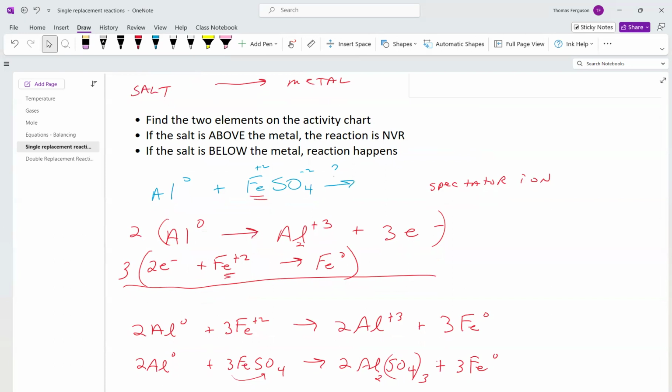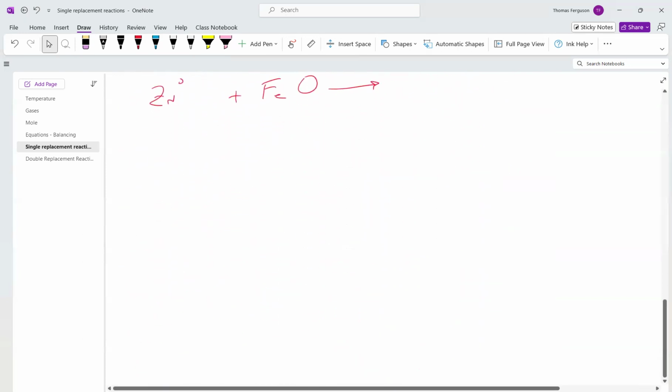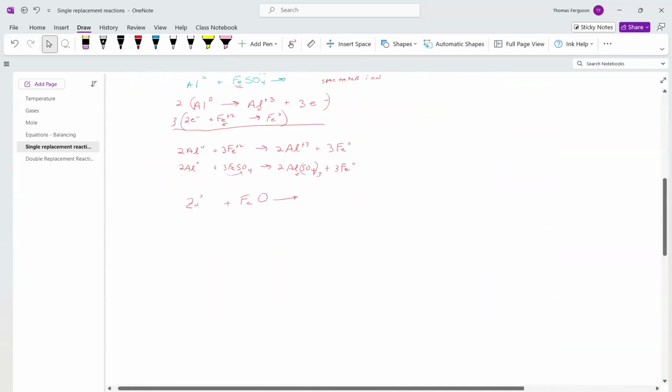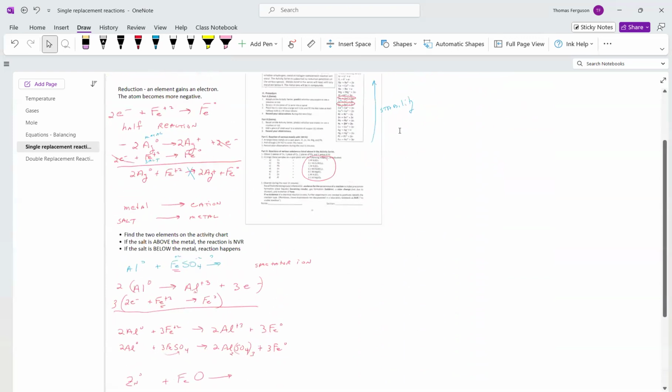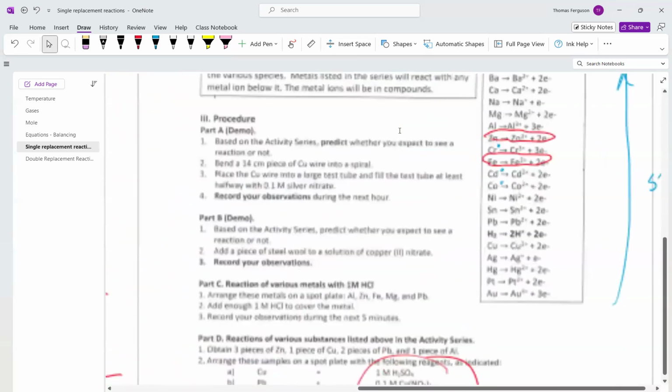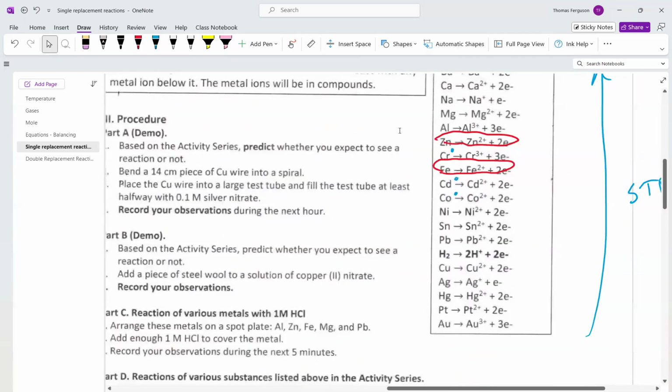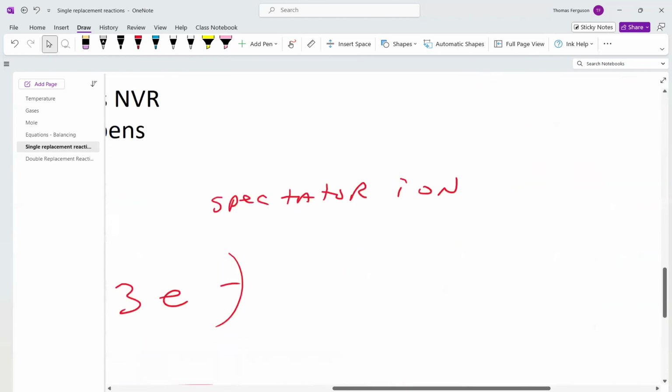Below. Right? So iron is the salt and it's below the metal zinc. That means the metal wants to oxidize more. So this reaction is a go.